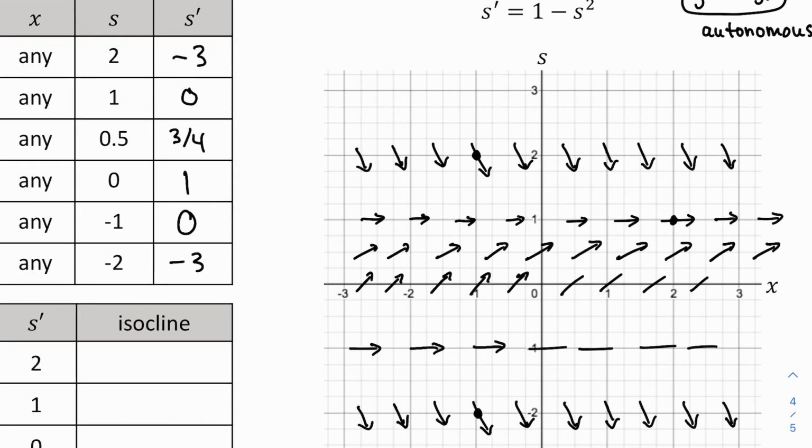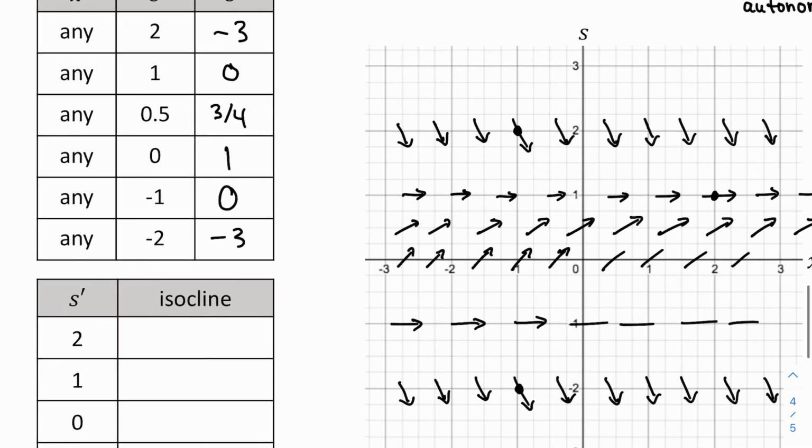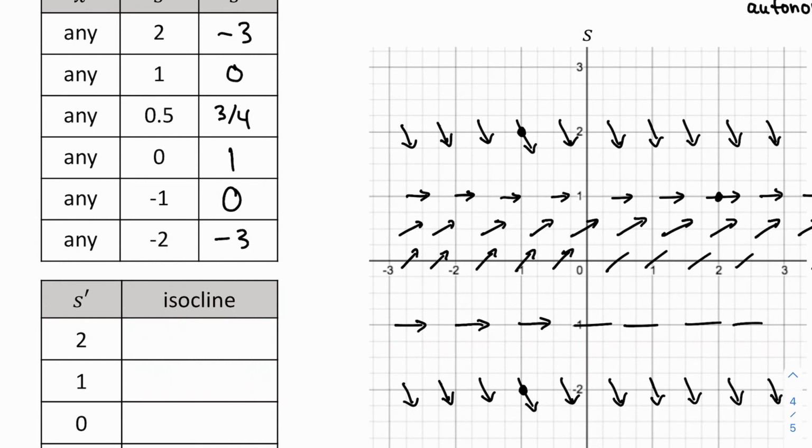Okay, so we have the beginnings of a direction field that we've done by hand. If we take the isocline route, and I predetermine what I want s prime to be, let's do this isocline 1 here, because I've already seen where s prime is 1. We simply change s prime to 1 in our differential equation.